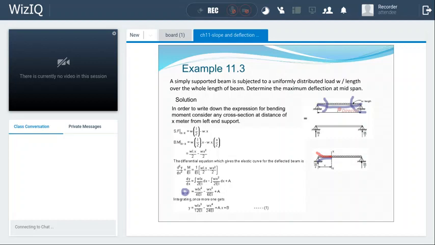That maximum deflection will always be at the point of 0 slope. You can always say that the point at which slope is 0, you will have the maximum value of the curve. So here we have this equation for slope, and this is the equation for deflection, and this is the equation of the elastic curve.